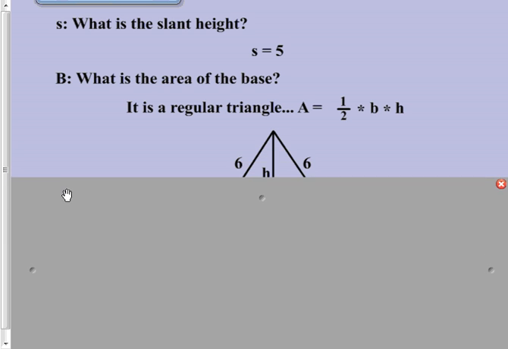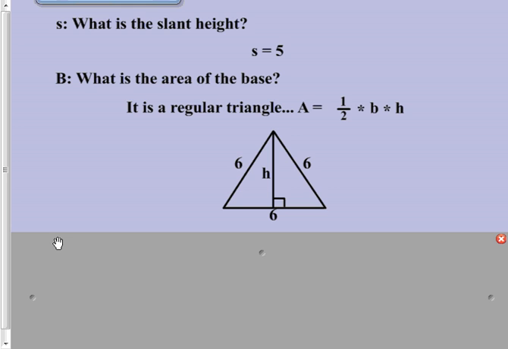Okay, so we're going to need to know what's going on with our base. Now here I've just kind of taken a two-dimensional look at the base. We know it's 6 units on each side, so that's very easy to plug into our formula as a base measurement, but we need to know the height perpendicular to that base. Now there's a bunch of different ways to go about this. It is, of course, a regular triangle that is being bisected by the height.